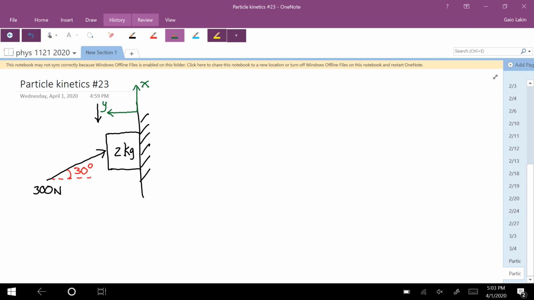Okay, so what do we have? Let's draw a free body diagram of the block. The forces that we have are a weight force, that's 2 times 9.81, so 19.62 newtons down.